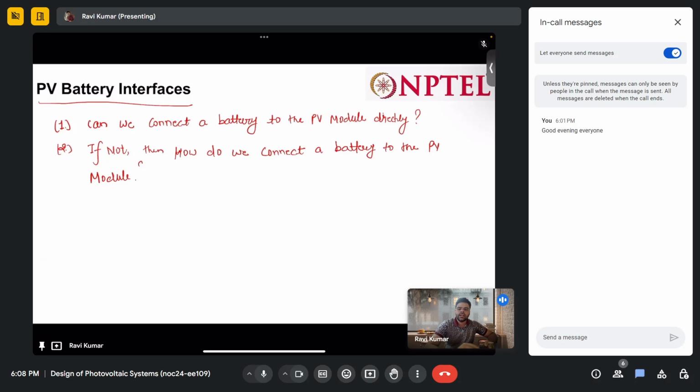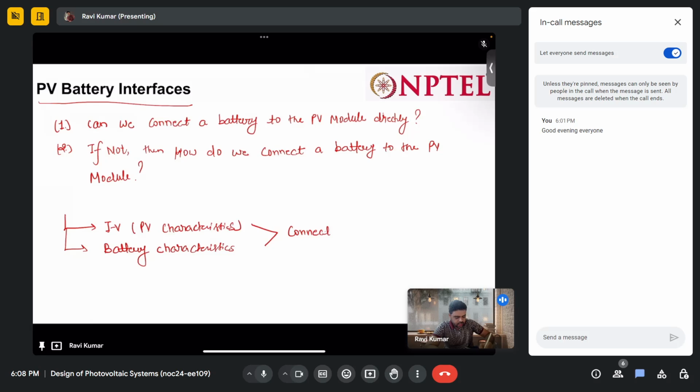First of all, let's understand the battery characteristics, because we already know the IV, that is the PV characteristics, and we also need battery characteristics to connect them, or we can say interface.